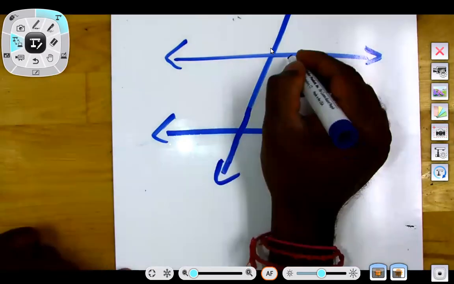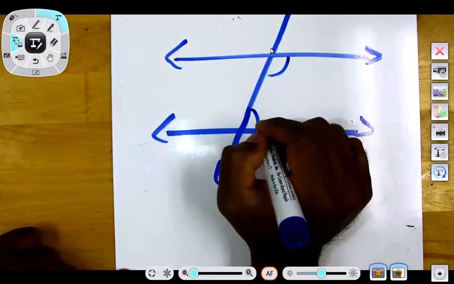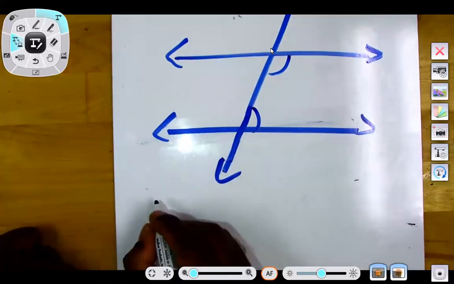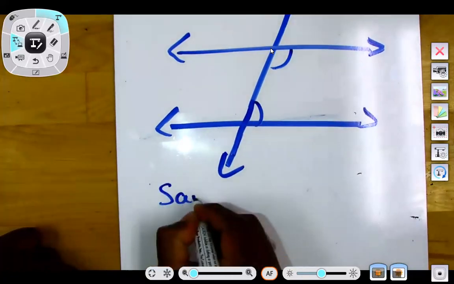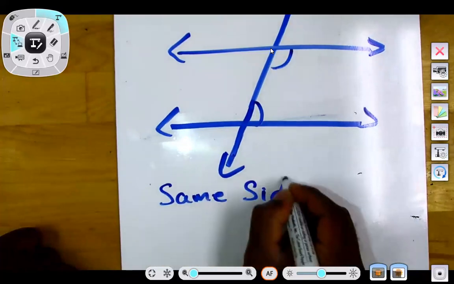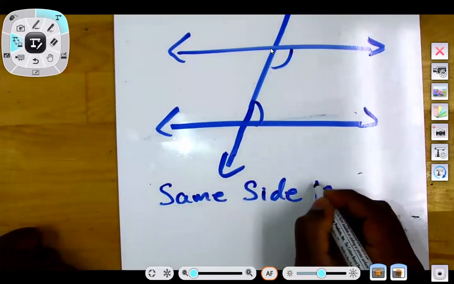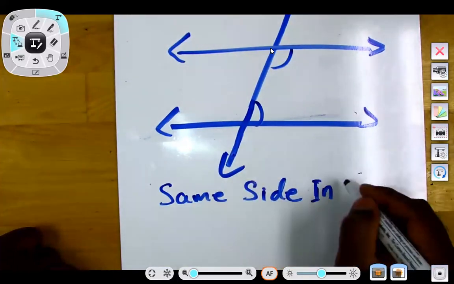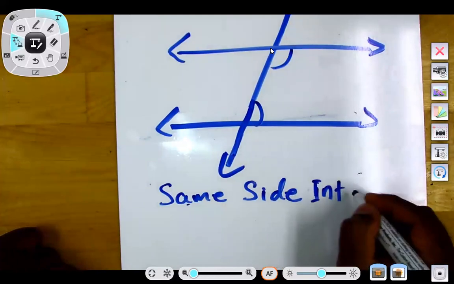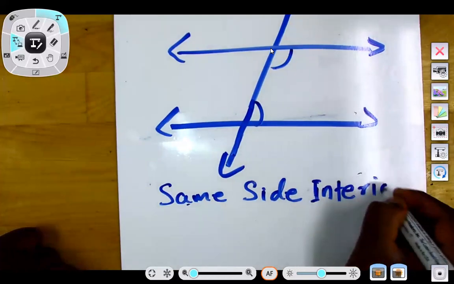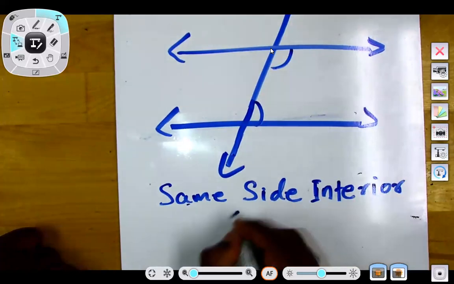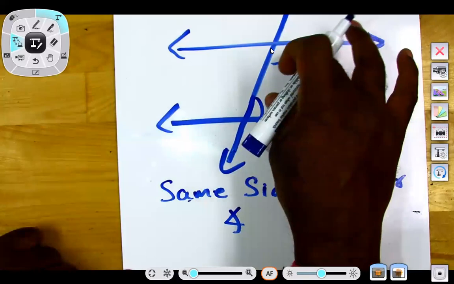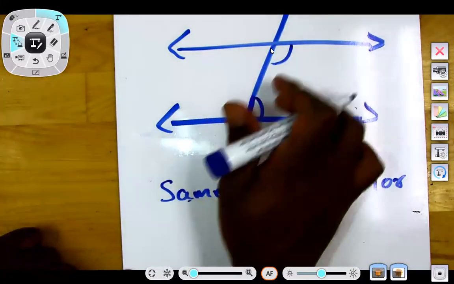If you take these 2 angles, which are called same side interior angles, I'll write down over here, same side interior. I just made it capital, but you can write in small letters too. Interior angle means it's going to be inside of those 2 parallel lines. It has to be same side.